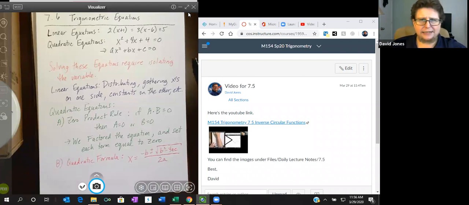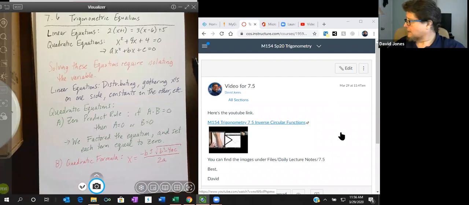I think factoring is the quicker way to go if you recognize the factors. If you don't recognize the factors, it's not helpful. And I'll leave this up here for a second. Hit pause so you can take down what you need.